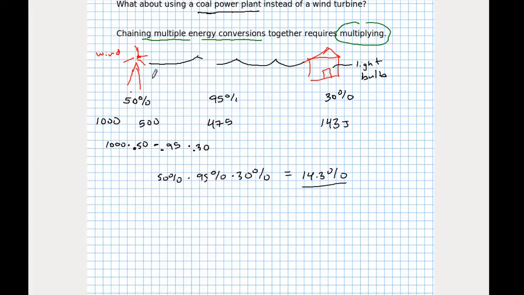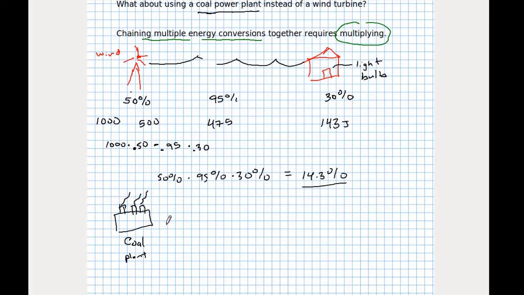Well, the process, most of it would be exactly the same. I would still have the power lines. I would still have the house. I would still have the light bulb generating the light. The only thing that would change is the wind part of it. So I would have a coal plant at that step. So you'd have some big building with a bunch of smokestacks, burning coal, producing smoke, and generating electricity.